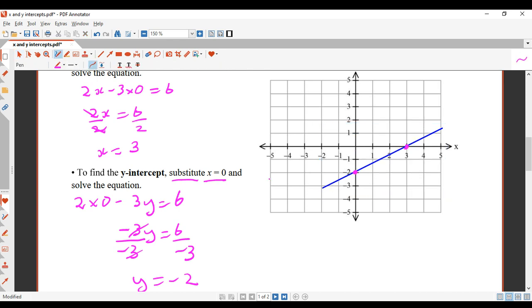Okay, and the other thing is you must also put arrows on the end of the line. Okay, so there's the arrow, and technically you should also label the line with the correct equation. So 2x minus 3y equals 6 is the equation for that line.